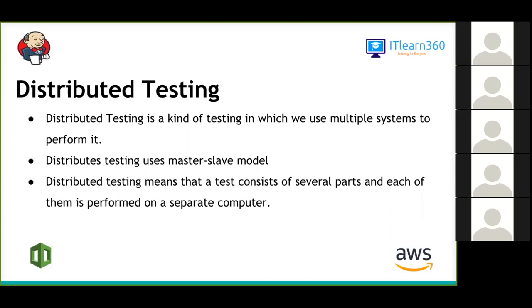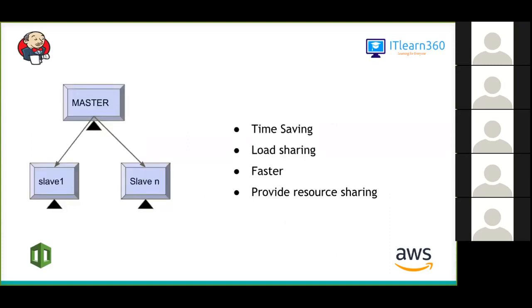Distributed testing means that a test consists of several parts and each of them is performed on a separate computer. Now we can see one picture, a very easy picture of a master and slaves. We have one master node, slave 1, and we can have n number of slaves here. It depends on the workload that I have on the master machine. My objective is to divide my workload among different slaves, and they will complete the task and return back to the master.